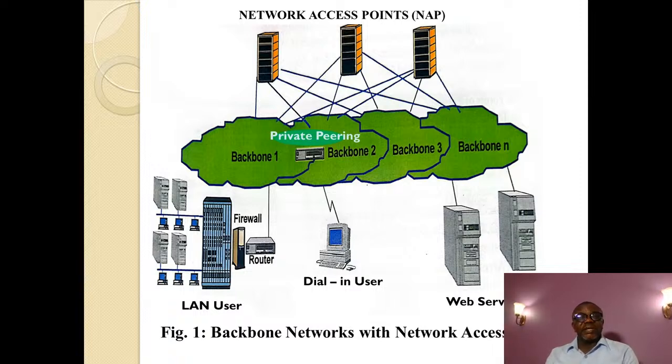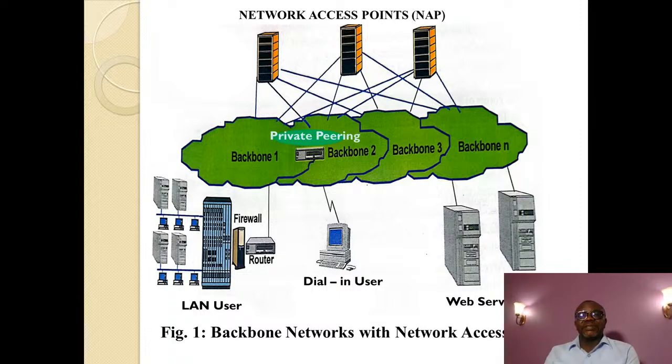You see the LAN users, you see your computers connected in a local area network. But if we go back, you see that between backbone 1 and backbone 2, we have what we call the private peering. On top, we see what we call the network access points.